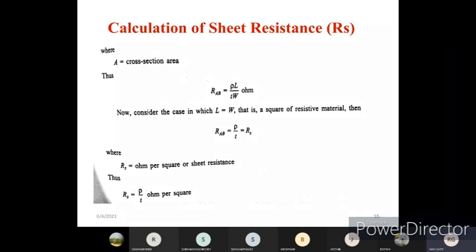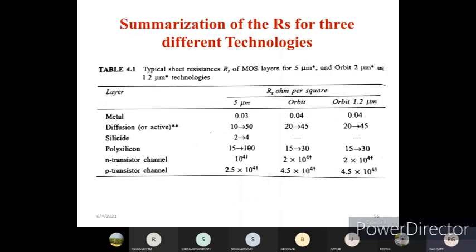So there is not much difference between the sheet resistance and the resistance between the two end terminals when the length and width of the material are uniform. Typically we use sheet resistance for different technologies.